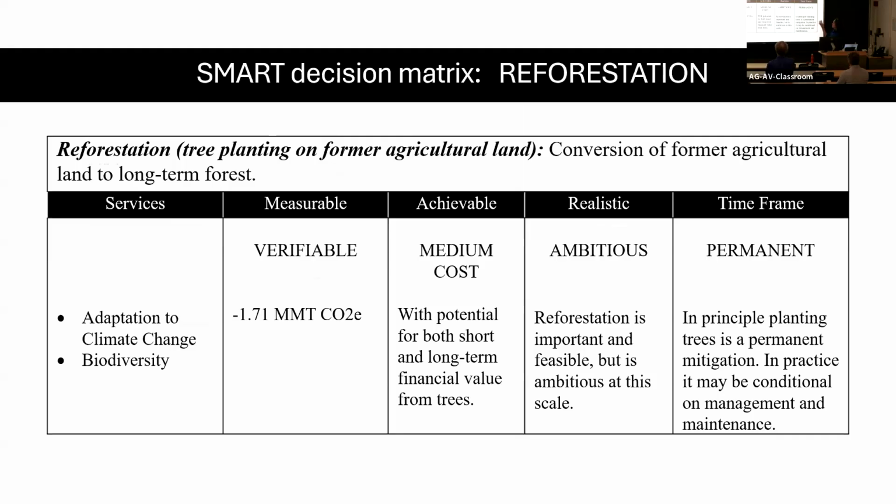So here's an example of our SMART decision matrix just for the reforestation, right? We identified that 1.7 million metric tons of CO2 equivalents could be reduced by planting trees on over 1.6 million acres, or 600,000 hectares. It's more than that, but with a medium cost, with potential for both short and long-term financial value from these trees.